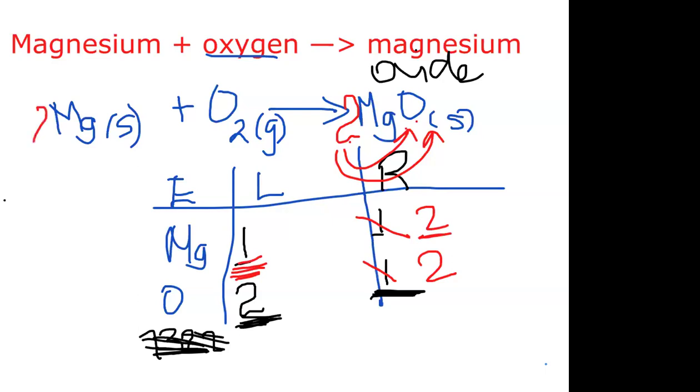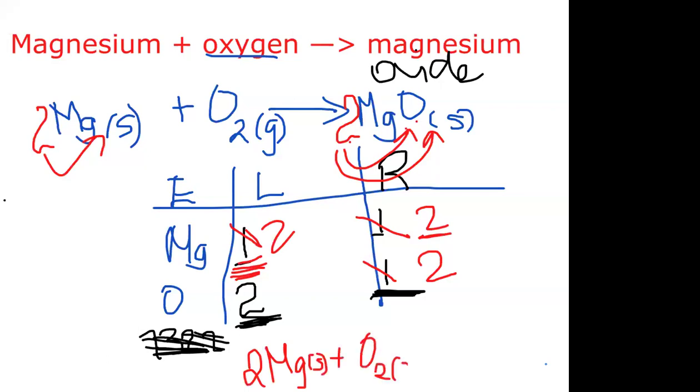So the answer there is 2, 2 times 1 gives me 2 magnesium. So my balanced equation reads 2 Mg solid plus O2 gas produces 2 MgO solid.